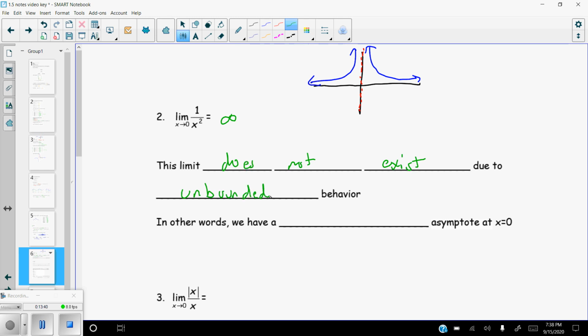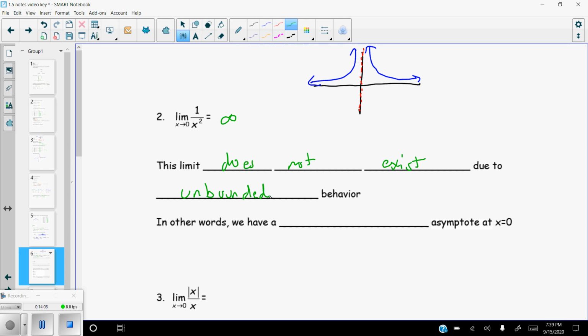Means it keeps on going without bound. So when we say that the limit is infinity, it really is just telling you that the limit fails to exist in the positive infinite direction. It doesn't mean that there is actually a limit. So don't confuse that, because a lot of times we say the limit is infinity, but what it really is just telling you is that the limit fails to exist going in the positive direction.